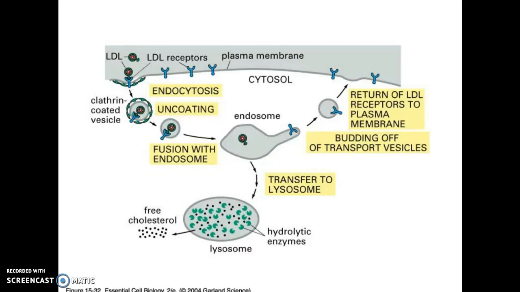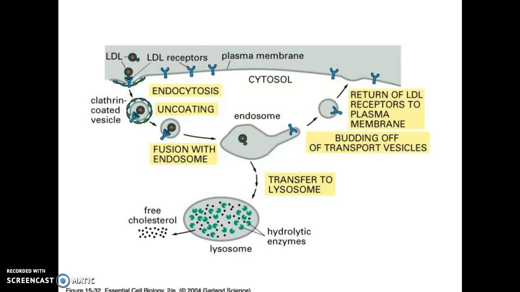It will be a vesicle with some sort of adapter protein on it, some sort of receptor protein on it that targets it for the endosome. The endosome is just a collection of endocytic vesicles; these vesicles come together and fuse until they build something larger called an endosome.